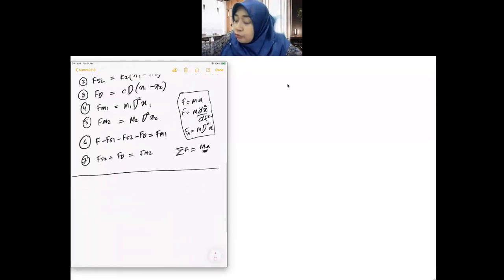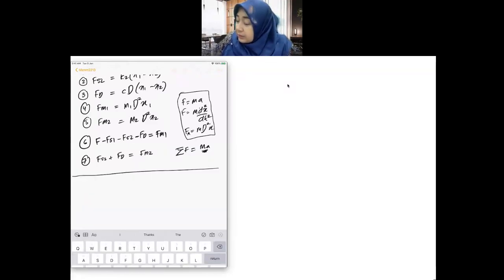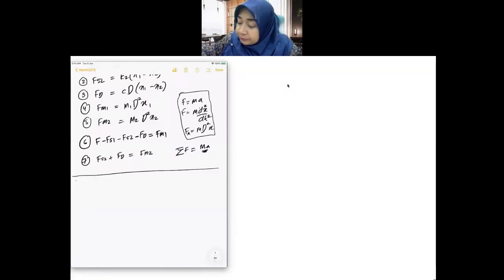Now the fourth part is to draw the block diagram. To draw the block diagram, you always start with the input of the system, and you use all the mathematical equations until you find the output of the system.